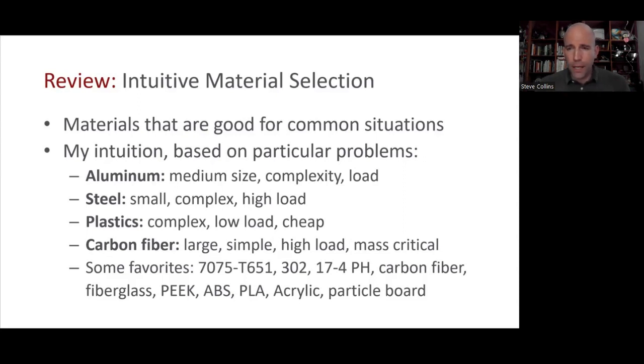And carbon fiber composites are often useful in cases where we have large, very simple components that experience high loads where mass is critical. Some of our favorite specific materials are 7075-T6 grade aluminum, which we mentioned earlier, 302 stainless steel, and 17-4 PH stainless steel, which is very hard. It's a little tough to machine, but has very good strength properties.